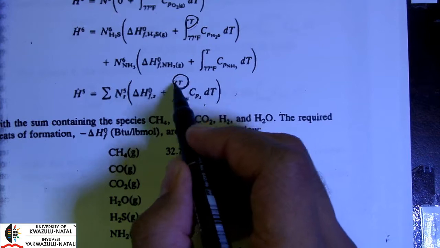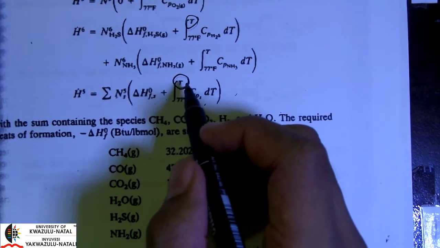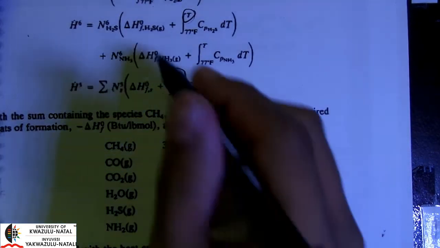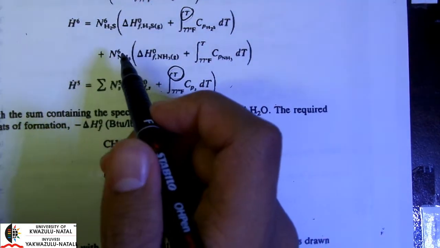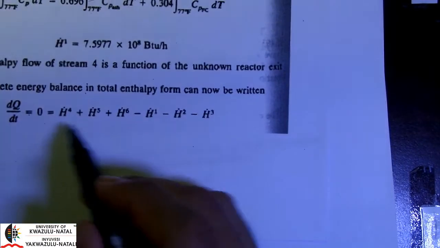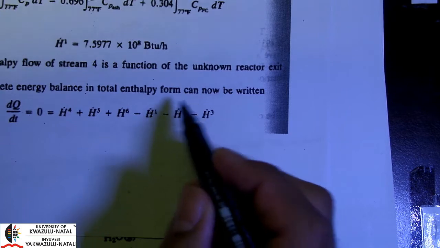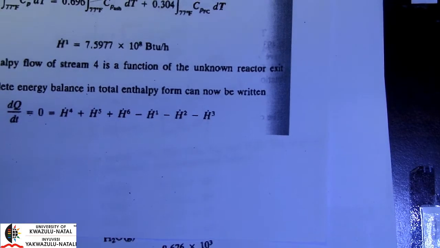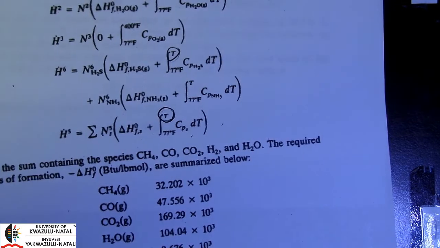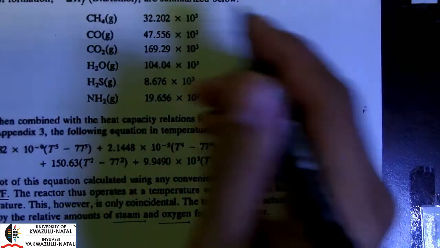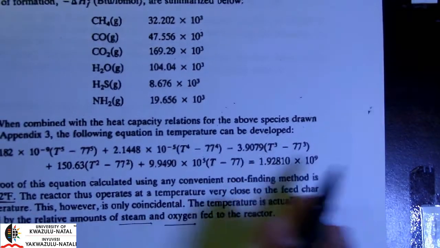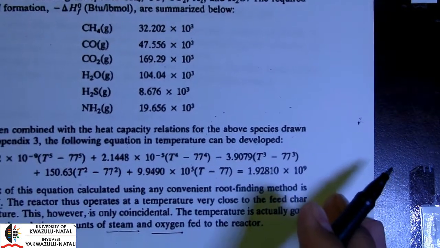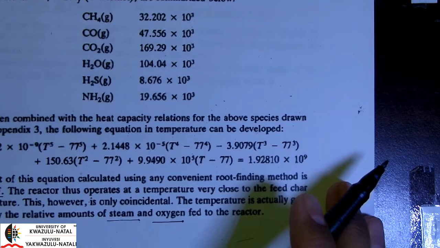And remember that we don't know what our temperature is, so we will need to express all of these enthalpies and substitute them right back into our energy balance. And once we can do that, then we can solve for our temperature. Okay, so it can be quite a tedious process, but with the use of software, of course, we can make things a lot simpler.